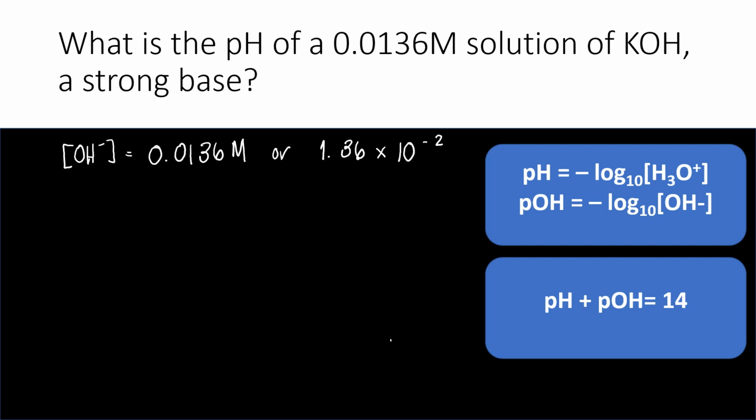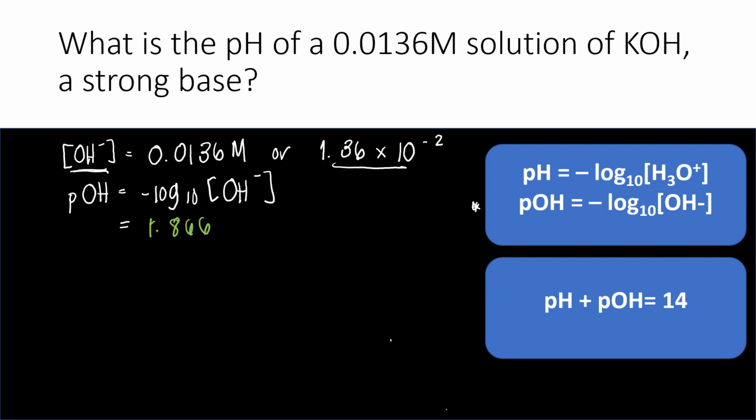So using method 1, we will use this formula first. pOH is equal to negative log of the hydroxide ion concentration, which is already here. And we will just input that. That gives me 1.866 after putting that in the calculator.